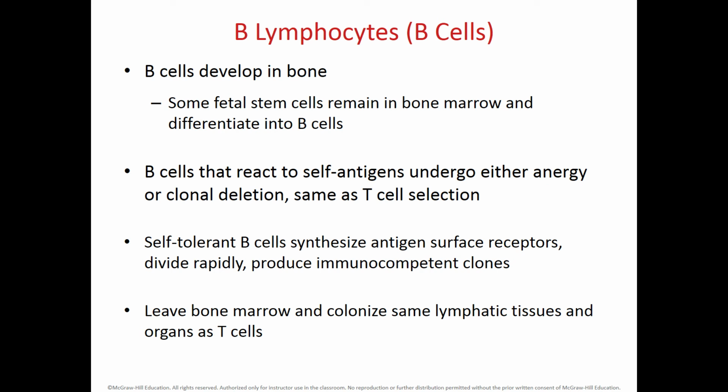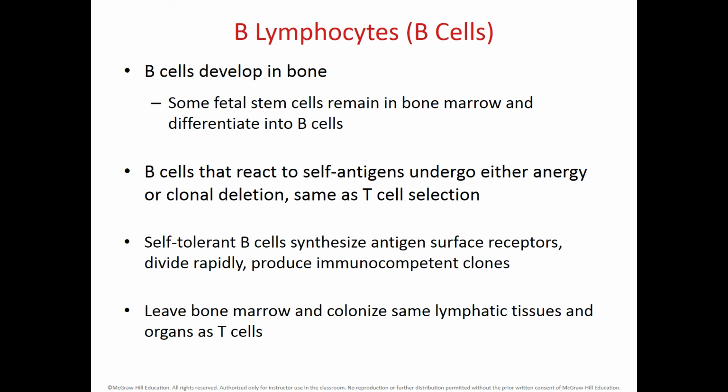The B cells that react to self-antigen can either undergo anergy, where they are half alive but unresponsive, or clonal deletion, similar to what we explained with the T cells. And whenever you have self-tolerant B cells, the ones that do not react against your own antigens, they will divide rapidly and produce these immunocompetent clones. So you will undergo mitosis.